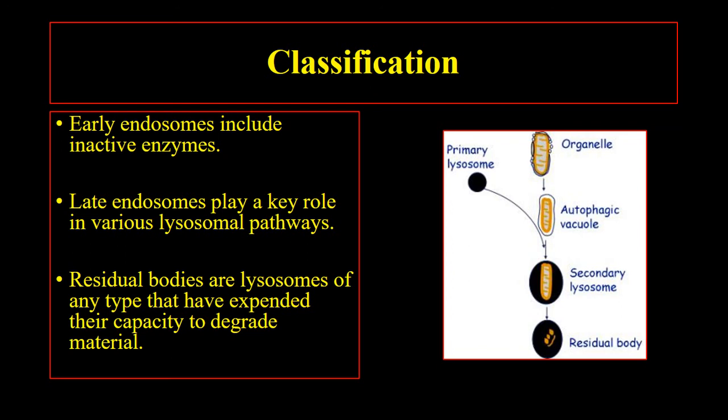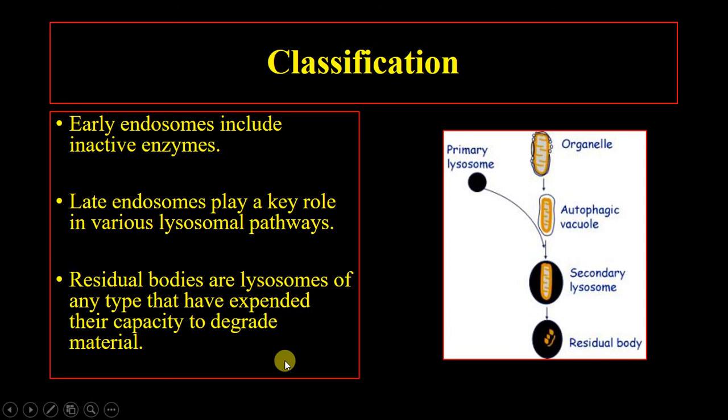All early endosomes or lysosomes include inactive enzymes. Late endosomes play a key role in various lysosomal pathways. Residual bodies, or another name, tertiary lysosomes, are lysosomes of any type that have exhausted their capacity to degrade material.